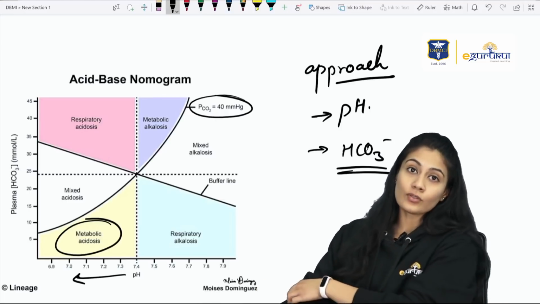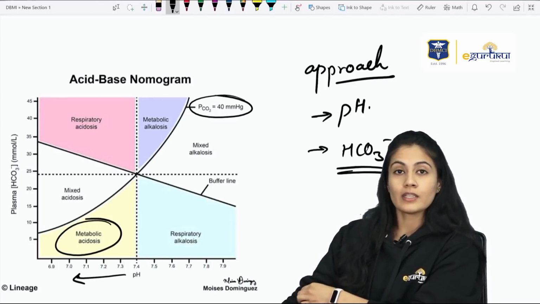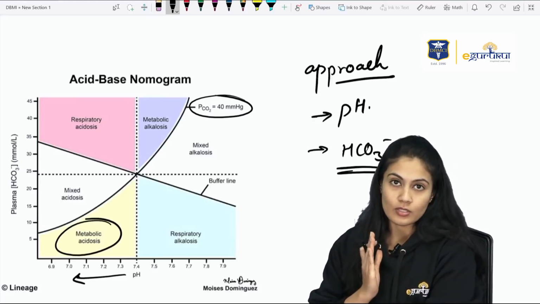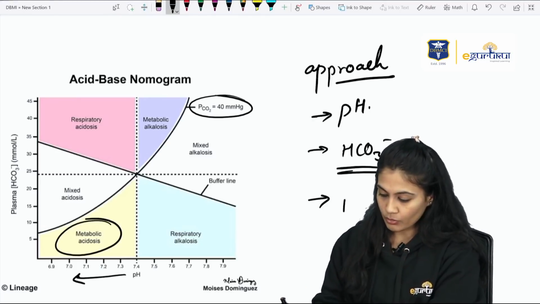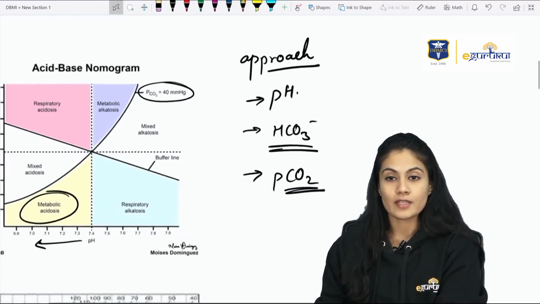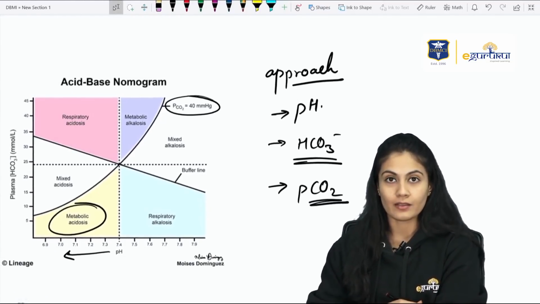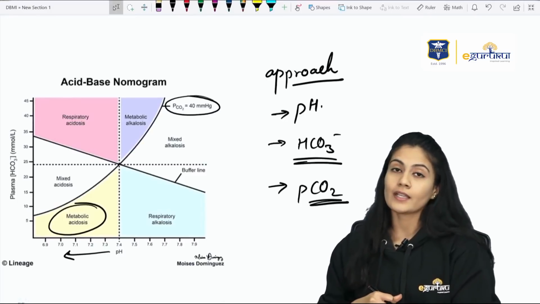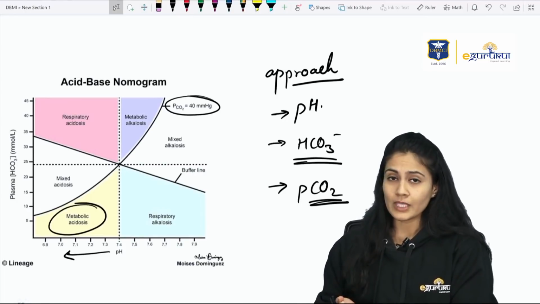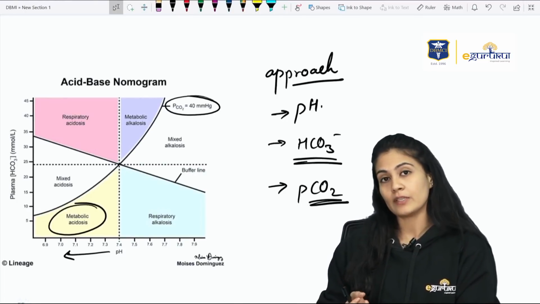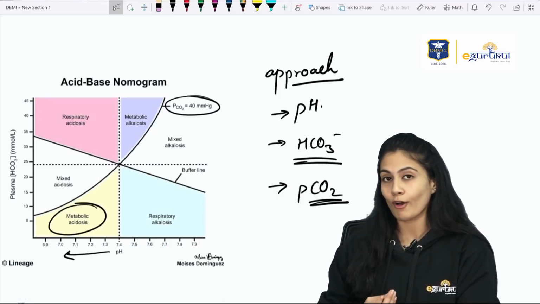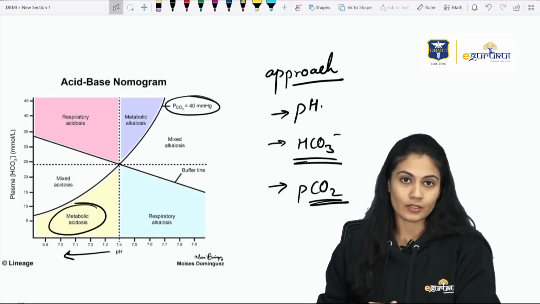And if it is increased, that means either it is trying to compensate for the respiratory or it can be alkalosis, right? After that, have a look at the PCO2. If it is increased, that means it is respiratory acidosis, and if it is decreased, right, that means either it is trying to compensate for the metabolic acidosis, or yes, it can be alkalosis.